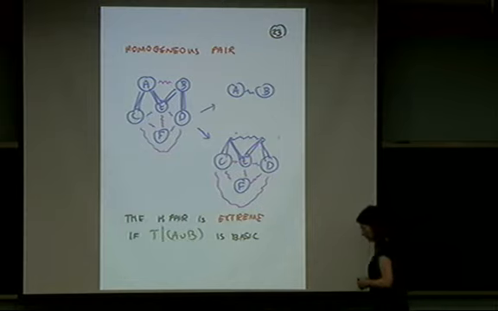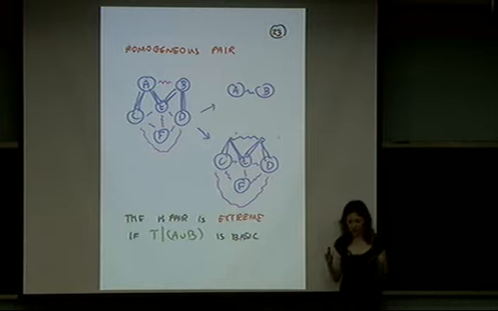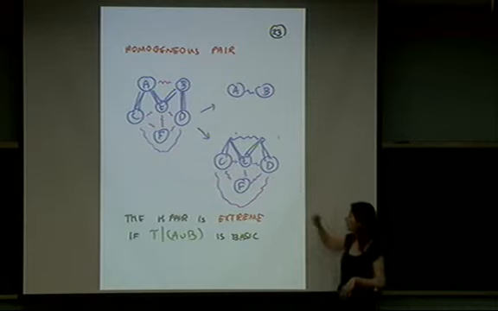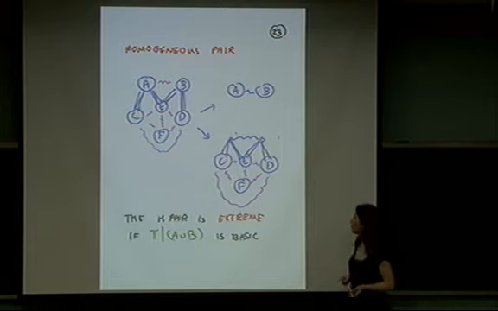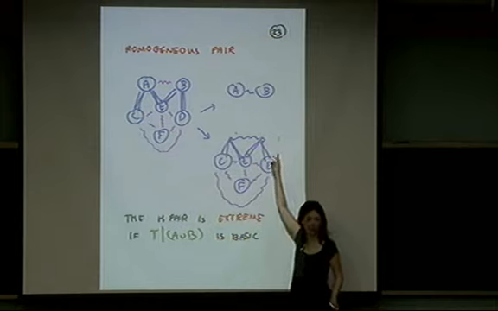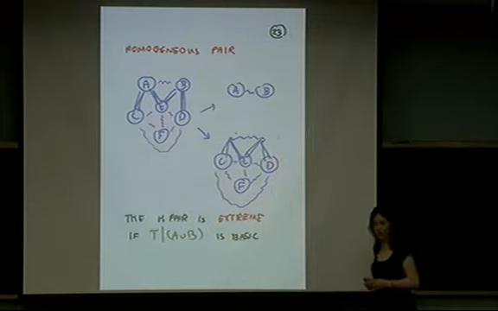Now, for two-joins, we said the decomposition is extreme if one of the blocks was basic. For homogeneous pairs, the blocks are not symmetric, so I'll say the decomposition is extreme if the top block is basic. All right, so now you know what the theorem says.